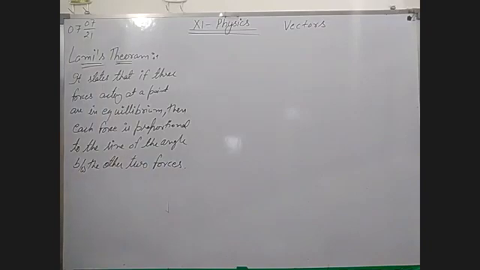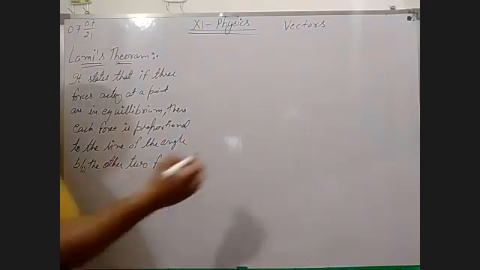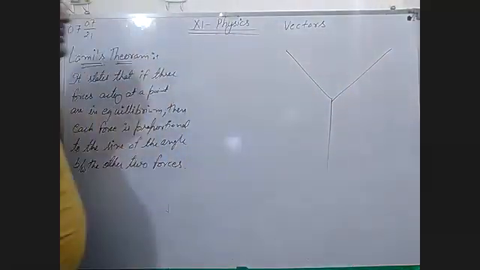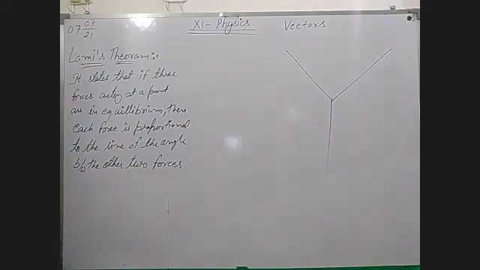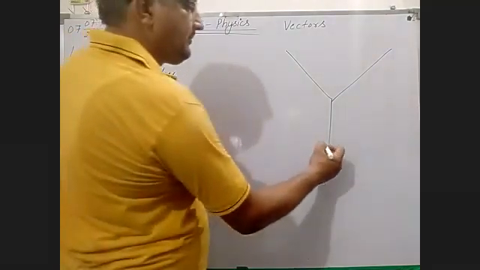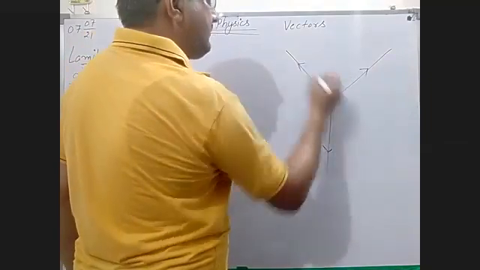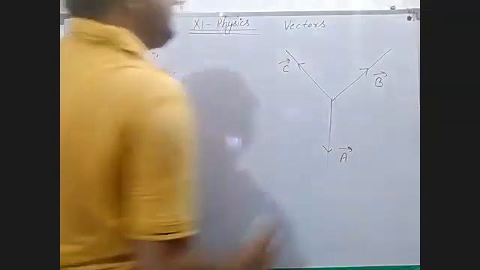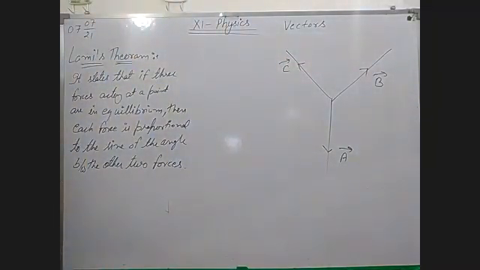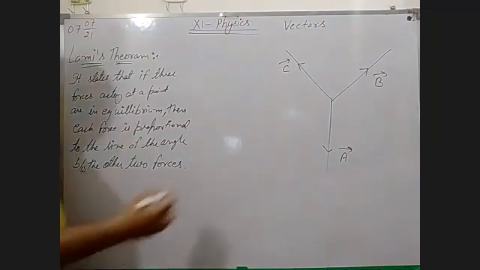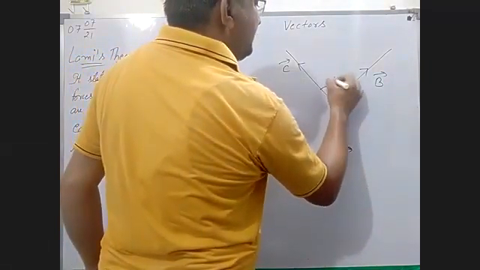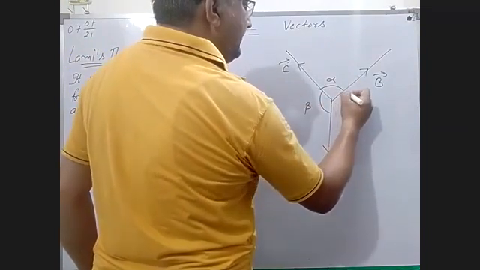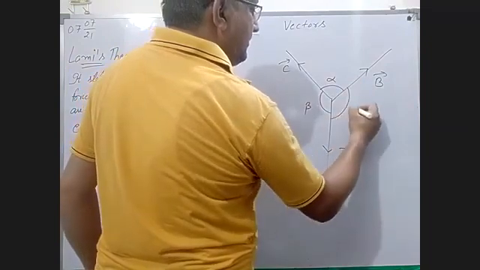Now let us take a diagram. Suppose there are three forces A, B, and C, and suppose this angle is alpha, this angle is beta, and this angle is gamma.